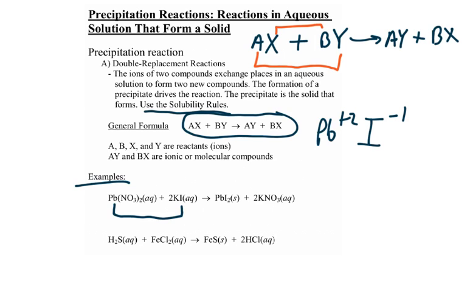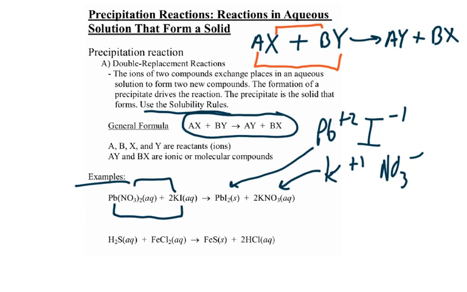You crisscross and you get PbI2. And then notice how the inners get together, potassium and nitrate. Again, potassium is the metal, it's +1. Nitrate is a polyatomic ion having a negative charge. And when you crisscross that, you get KNO3. And then the rest of it was due to balancing. But here is the precipitate.